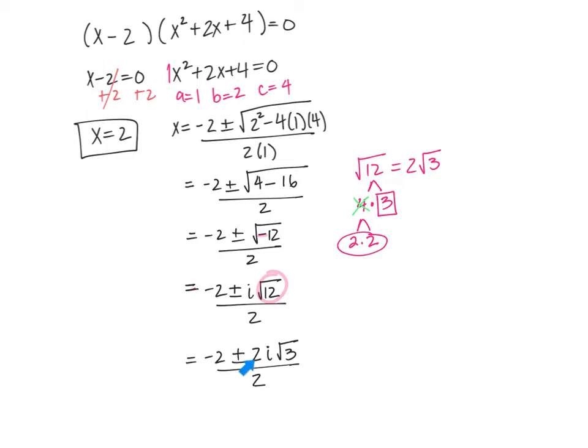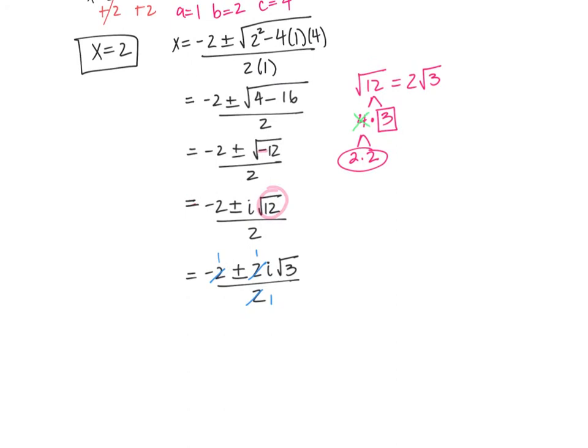By the way, I always like to write the constant number that goes in front of the root. I like to put the i next to it. It just looks cleaner to me. It's just a preference. So from here, I notice all of these have a 2, so I'm going to try to reduce. So 2 divides into 2 one time, 2 divides into 2 one time, 2 divides into 2 one time.